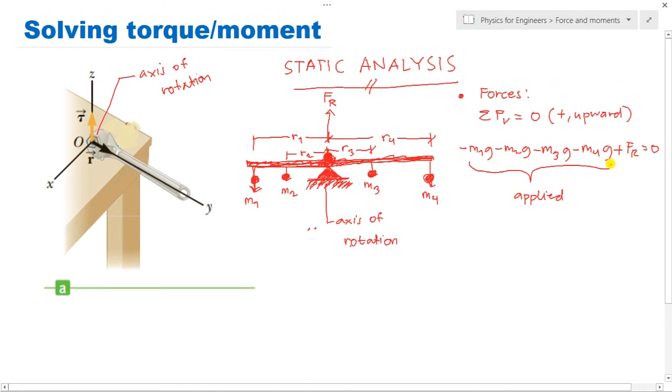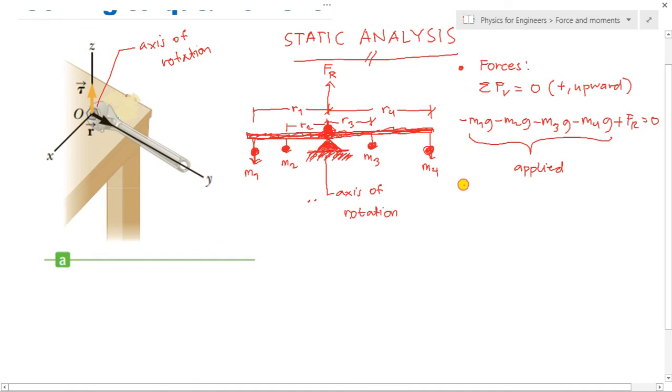Understood? Okay. The second analysis for static is the moment or the torque. The moment or torque is also denoted as a summation, summation of moment. The moment is not along vertical or horizontal, because torque or moment is with respect to an axis of rotation.